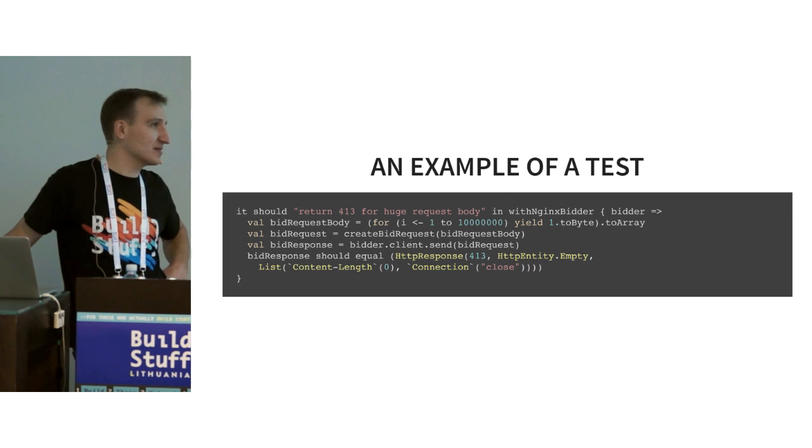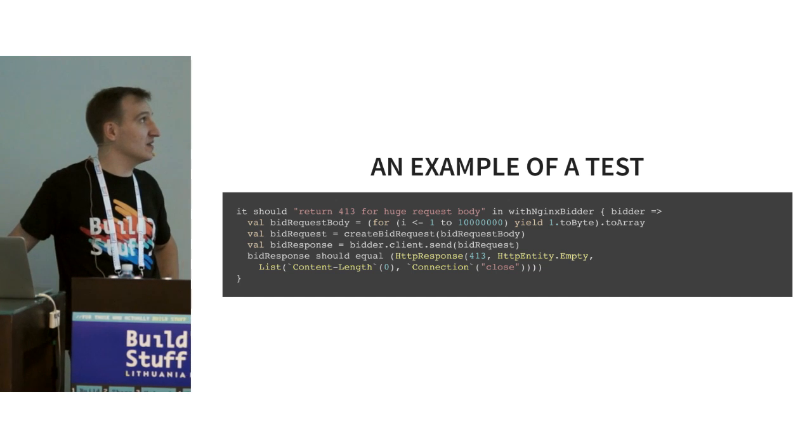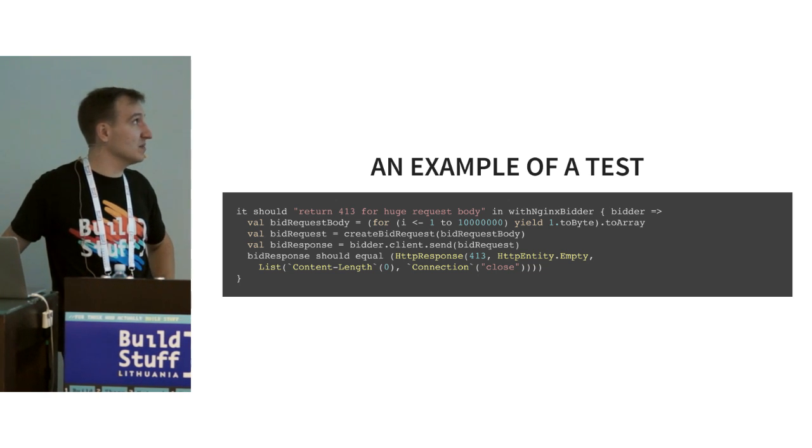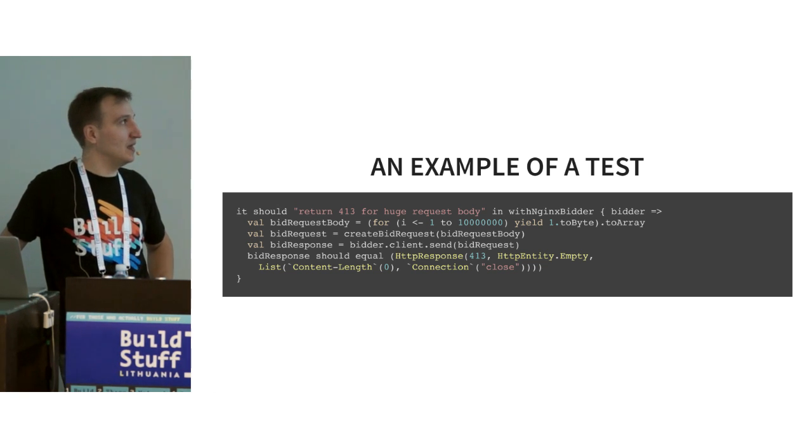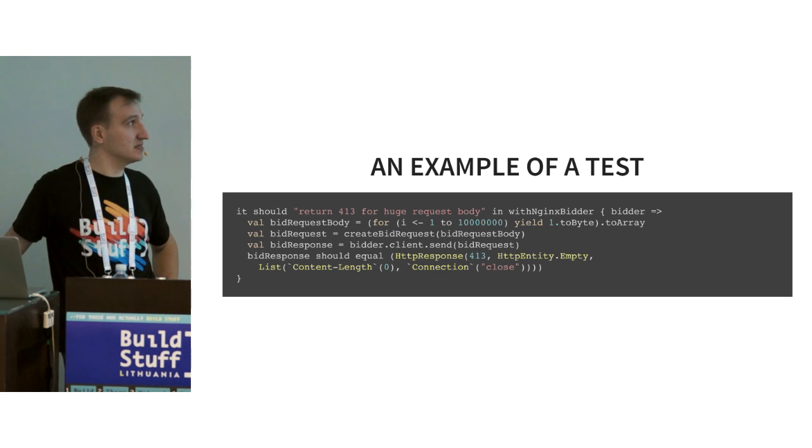At first, it might look like a little bit of overhead, but the code is readable. And what you get from Scala is property-based testing, where you can generate random requests and catch many cases that you don't expect.